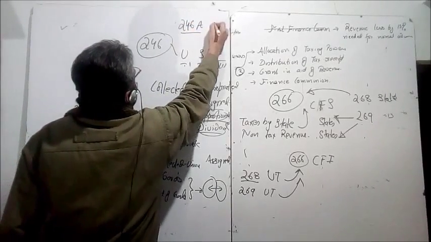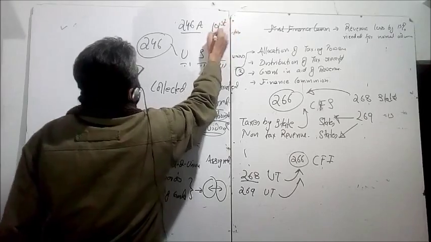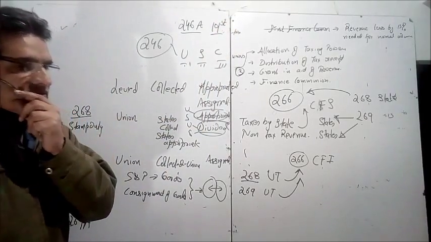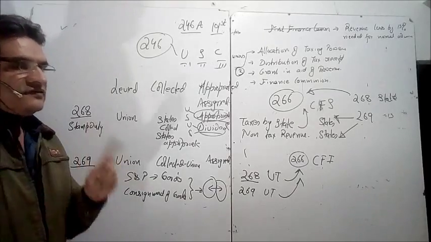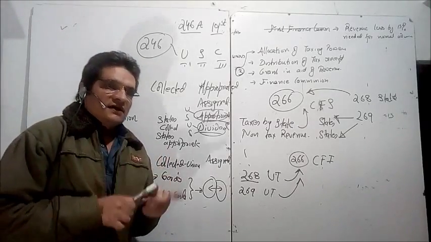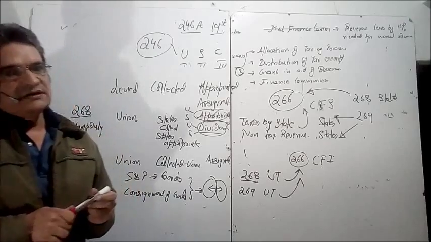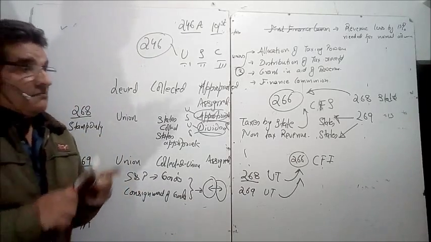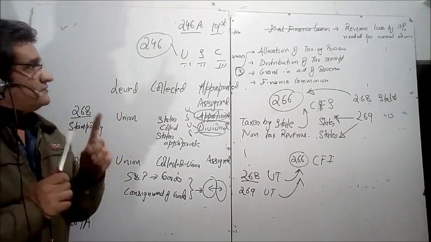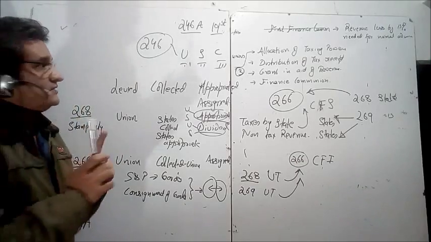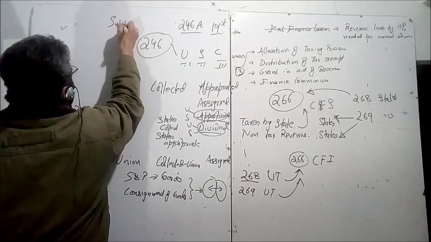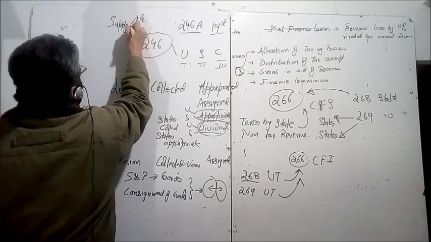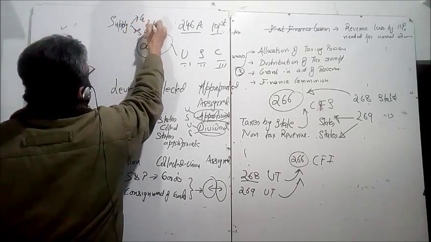After the 101st Amendment, this new article got inserted, and it is goods and services tax. This goods and services tax can be levied by both union government and by the state government. And this goods and services tax is on the supply, not the sale and purchase. It is on supply of goods, supply of services, or both.